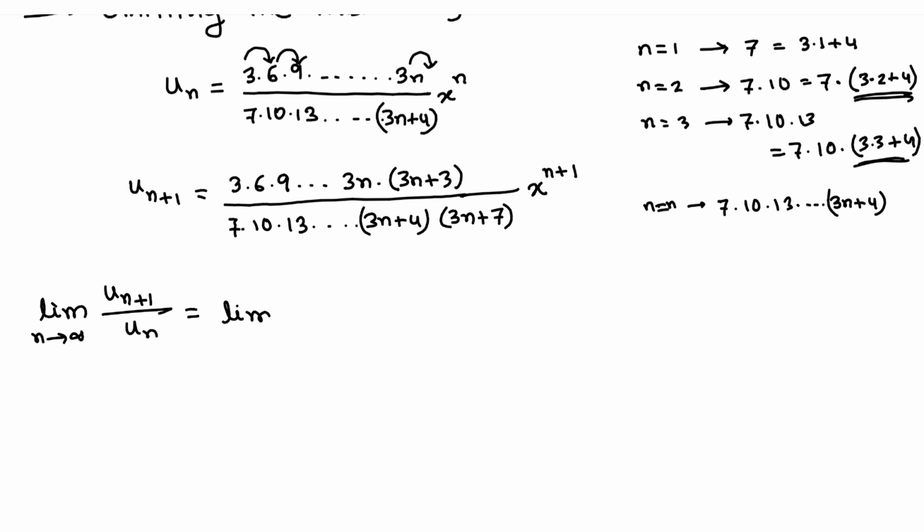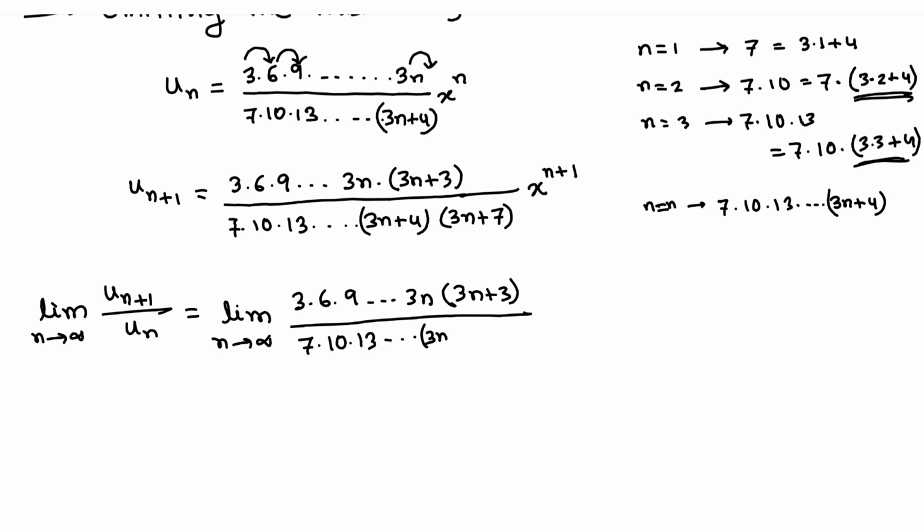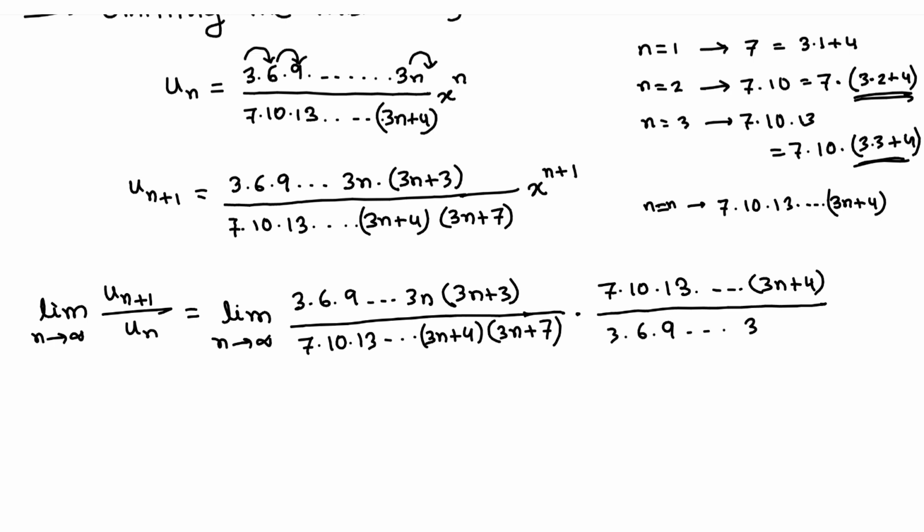So this is equal to limit n tends to infinity, un plus 1 means 3 into 6 into 9 dot dot dot 3n into 3n plus 3 divided by 7 into 10 into 13 into 3n plus 4 into 3n plus 7, into the reciprocal of un, so 7 into 10 into 13 into 3n plus 4 divided by 3 into 6 into 9 into 3n, into x to the power n plus 1 divided by x to the power n.